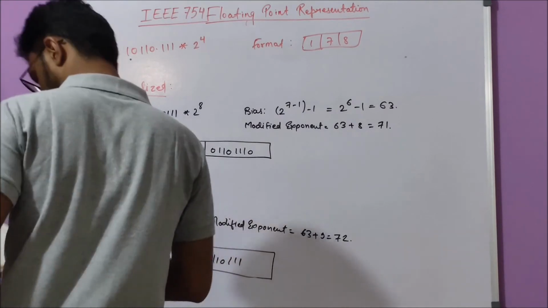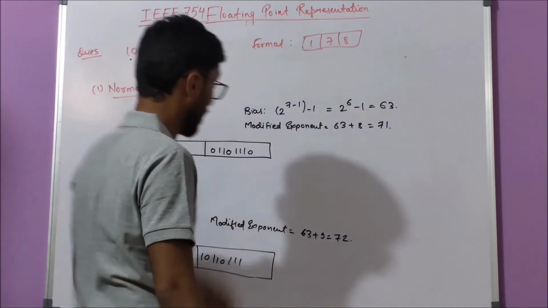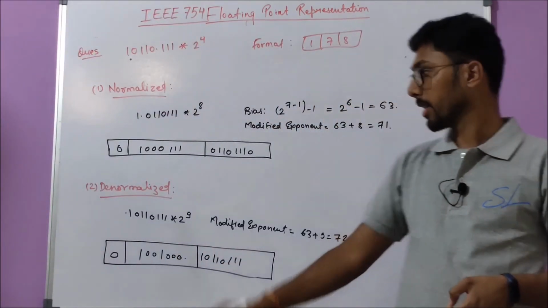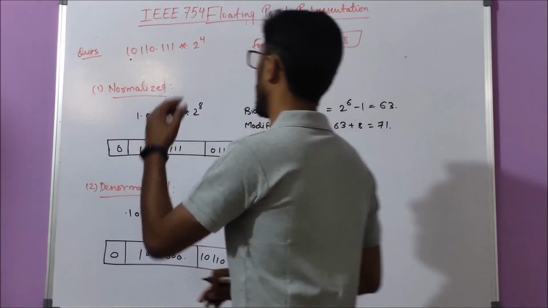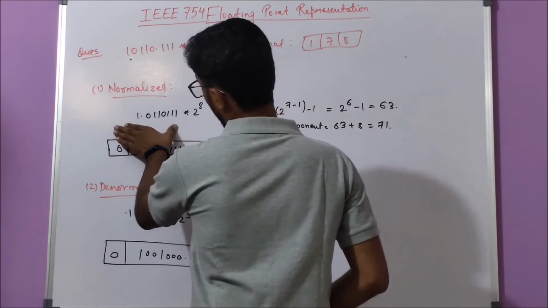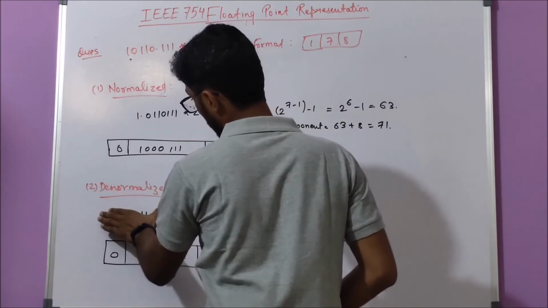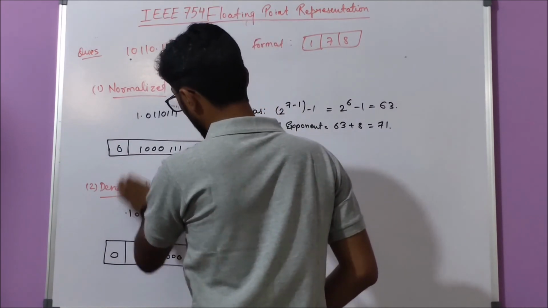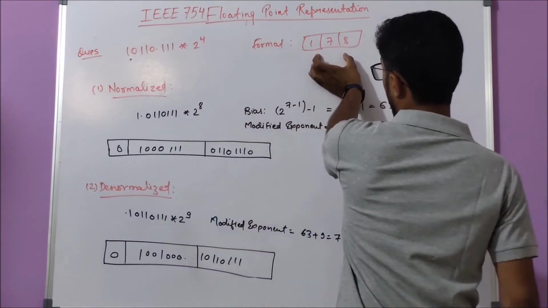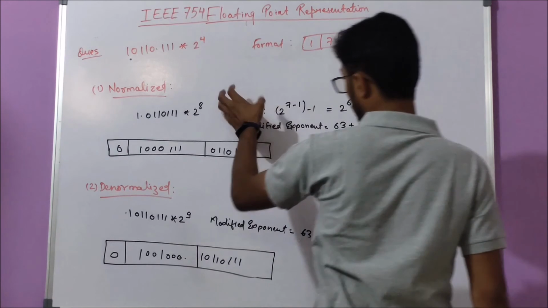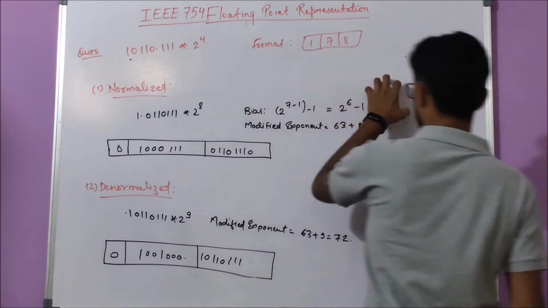So we have converted this number into normalized format, and in denormalized form what we have done is taking the number in normalized form, the decimal point is after first one. In denormalized, the decimal point is before first one. We know the length of modified exponent is 7 bit. Using that we get the value of bias, which is 63.